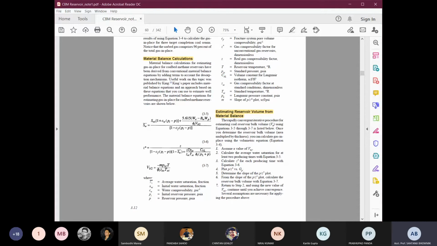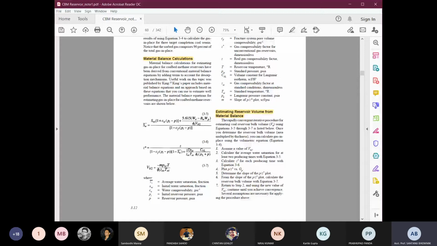With the help of the real gas law, which is PV equals nRTZ, where P is pressure, V is volume, n is the number of moles, R is the universal gas constant, T is the absolute temperature, and Z is the gas compressibility factor.